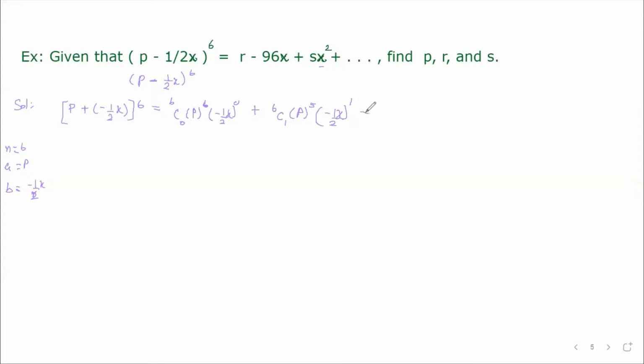Okay, go next. 6C2 p to the power 4 times negative 1 over 2x to the power 2. Now up to power 2, this is enough, and the rest you just write plus dot dot dot, because we want to expand up to x to the power 2. The rest we don't need, right?